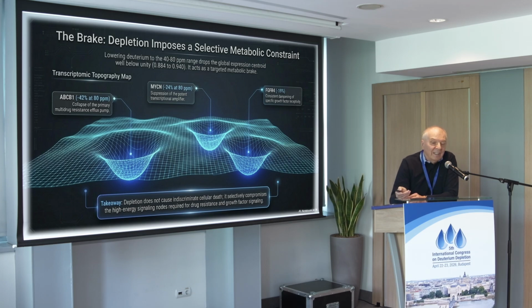So all decline substantially. This pattern demonstrates that depletion does not trigger indiscriminate damage. Instead, it selectively weakens the circuits required for resistance amplification and growth factor responsiveness, functioning as a targeted metabolic brake on the malignant network.